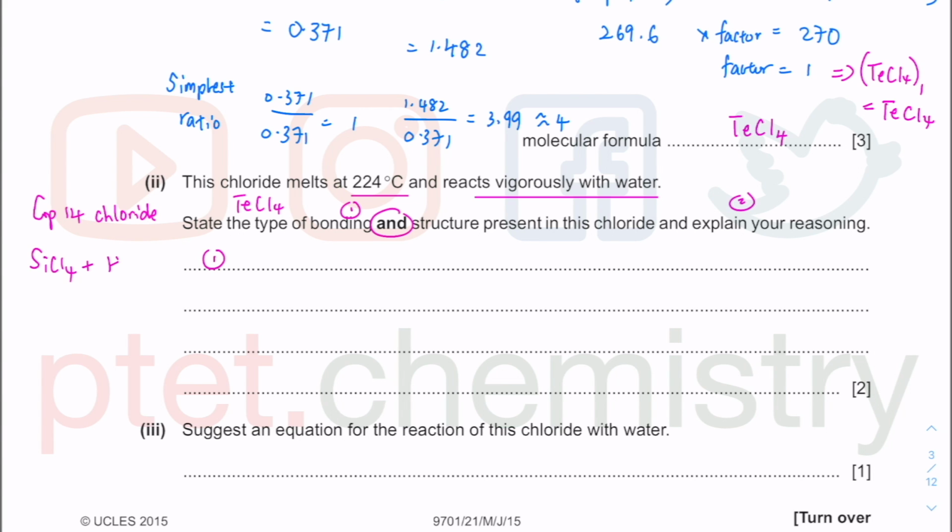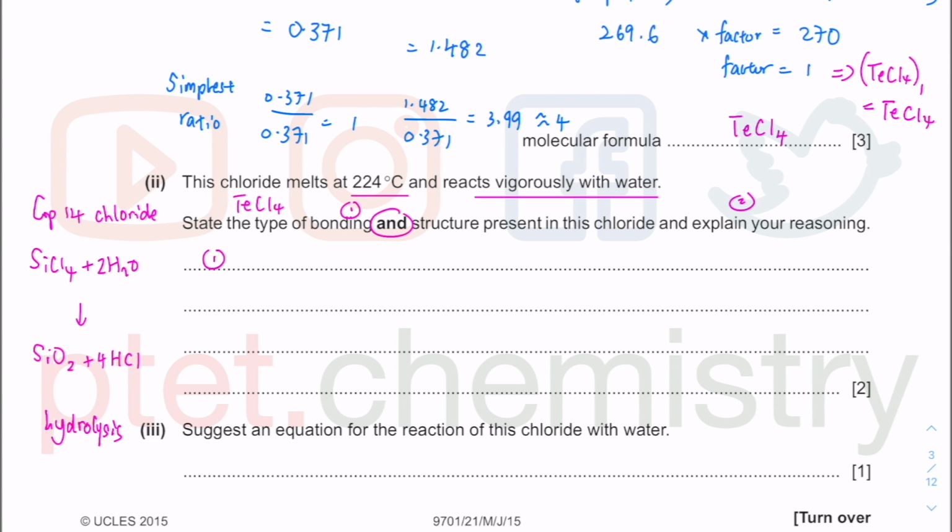SiCl4 does react with water. I'm not saying silicon is above tellurium, but I'm saying that you know about period 3 chlorides, and they give you SiO2 and HCl, balancing every single equation you write. This is what you call hydrolysis.